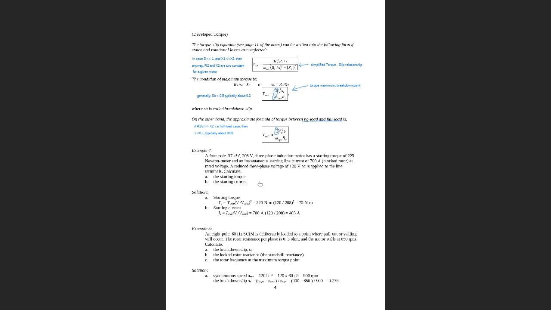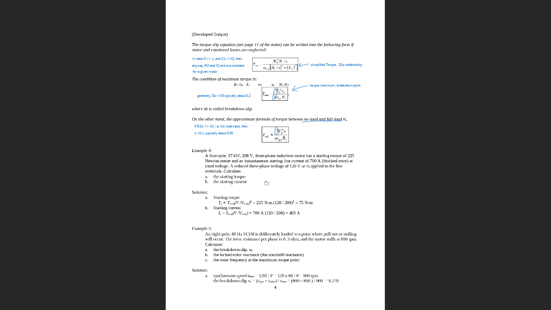At the moment of motor starting, the motor current is proportional to the voltage applied to the motor terminals, and the torque is proportional to the voltage squared. This is the general situation for motors.